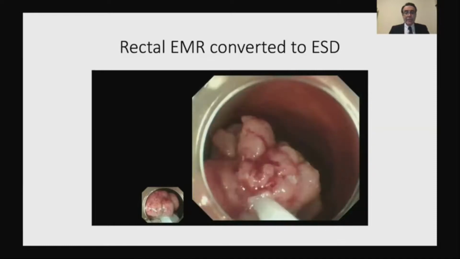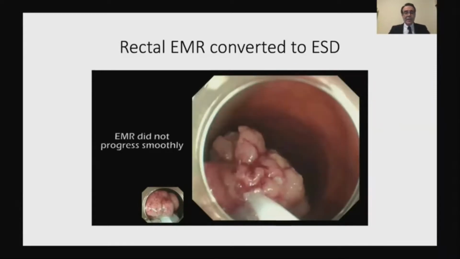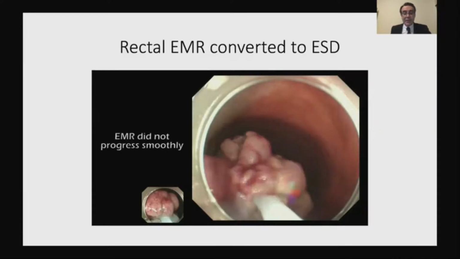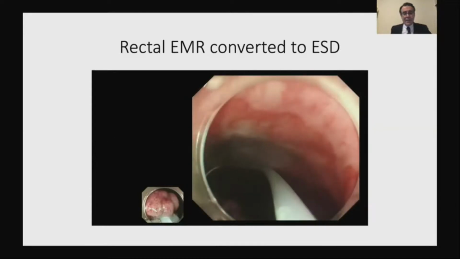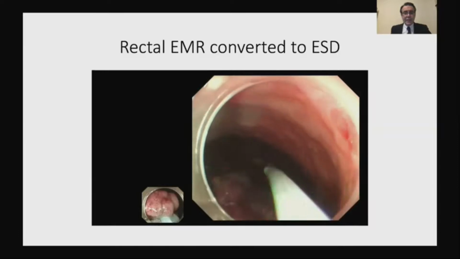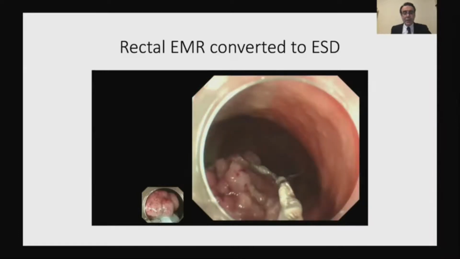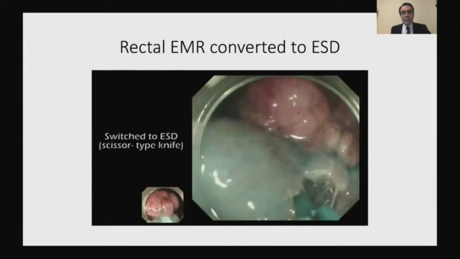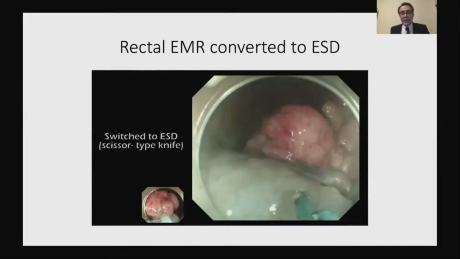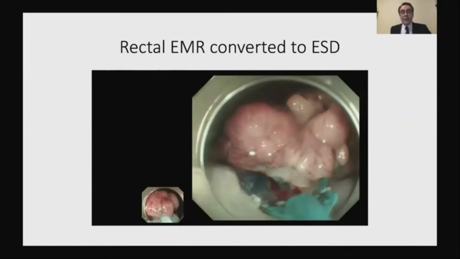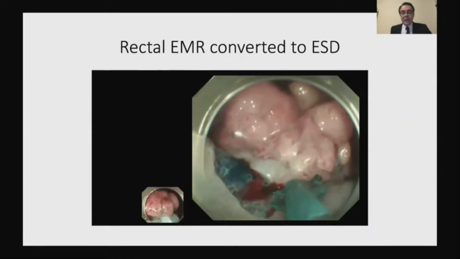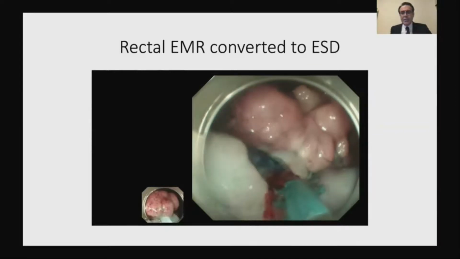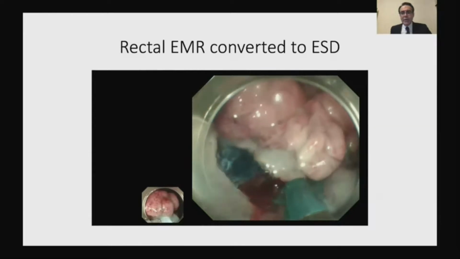And then finally, we decided to switch to the ESD. In fact, the snare even got tangled in the polyp, and it was challenging, and it was clearly not the right thing to do. So we prefer to complete the procedure in the same session, and then with a scissor-type knife, in 60 minutes, more or less, we managed to remove the polyp.